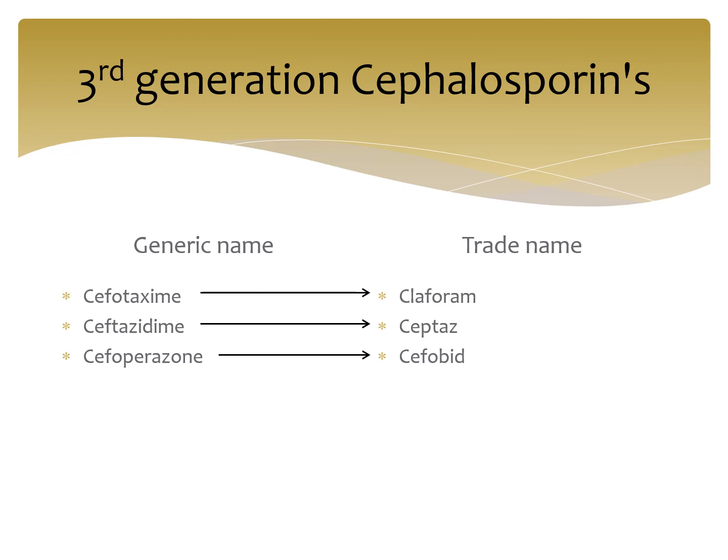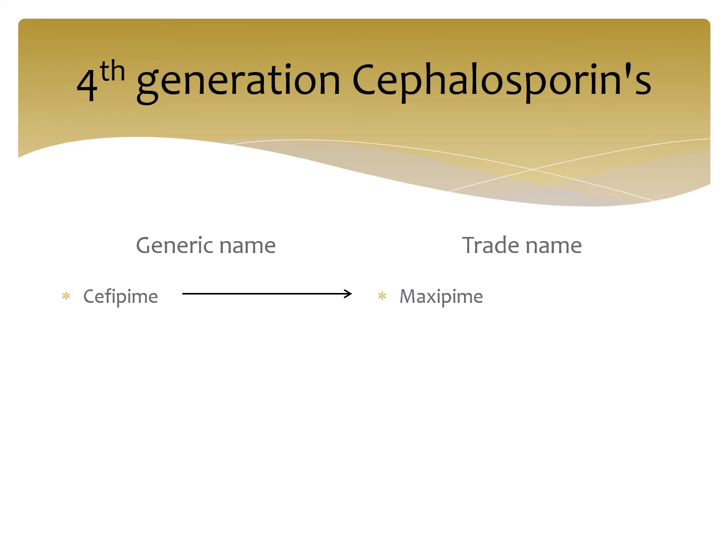Some of the generic names you'll want to be familiar with are cefotaxime, ceftazidime, and cefparazone. The fourth generation cephalosporins are good for gram-negative infections, but they're not good for ESBLs. And one such fourth generation cephalosporin that you want to be familiar with is cefepime.